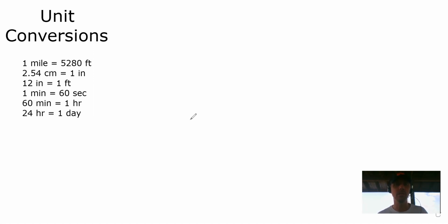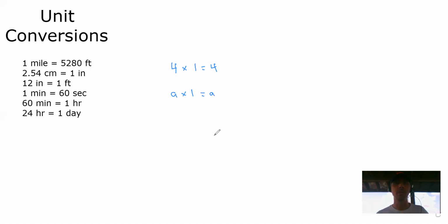There's a couple of things that you need to remember from your previous math experience in order for unit conversions to make sense. First of all, any number times 1 is equal to that number, right? So 4 times 1 equals 4. I can multiply anything times 1 if it's an algebraic variable. The variable a times 1 we know is going to be equal to a. So anything times 1, we're not changing the value of the original.